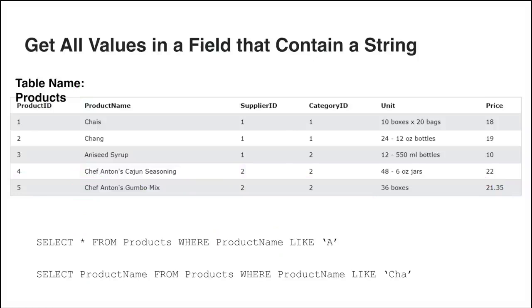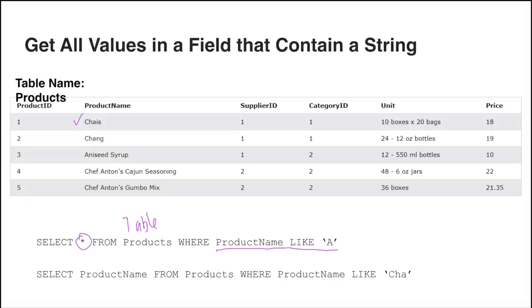Now, this is similar, but here we're checking for the existence of a specific string within a particular field. If we say select star from products, we're going to display all of the fields from the table products where product name is like A, so where there's an A in the product name.